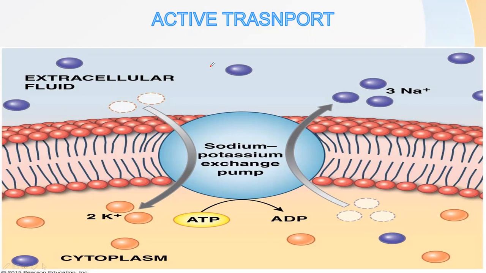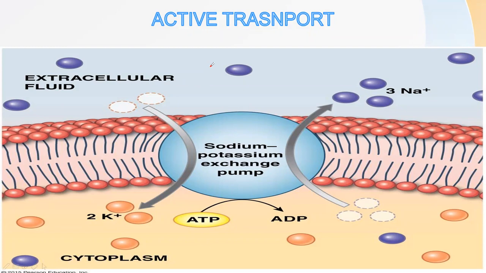So, the active transport of sodium and potassium ions through the plasma membrane. Normally, sodium ions are concentrated on the outside of the plasma membrane, while potassium ions are concentrated on the inside.